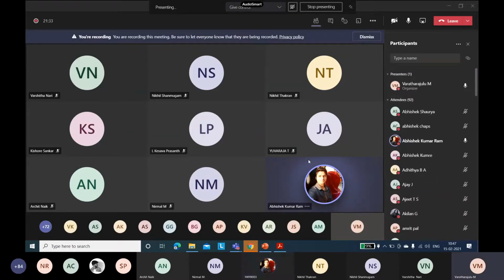Elon Musk tweeted recently. Million, not billion. Yes, sir. Oh, very good. That is nice.